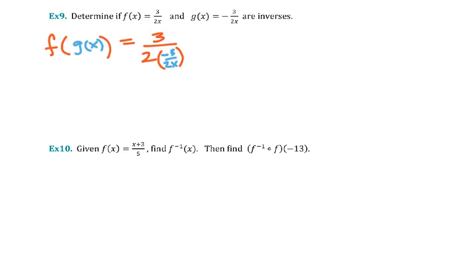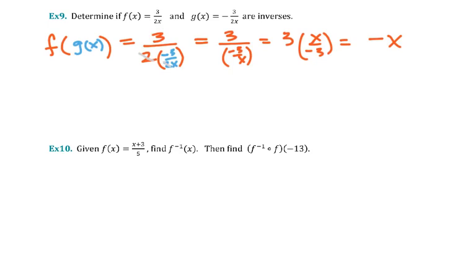When I look at simplifying this, times 2 divided by 2 cancels. I have 3 over negative 3 over x. Copy, change, flip, that's 3 times x over negative 3, which simplifies to negative x.